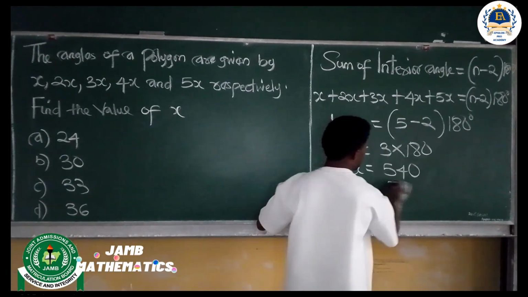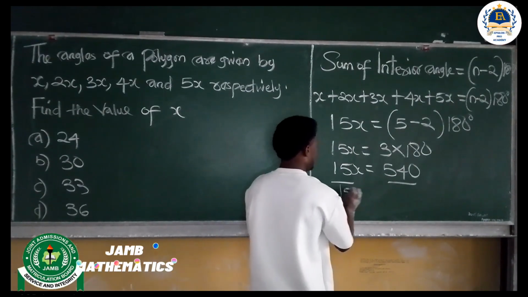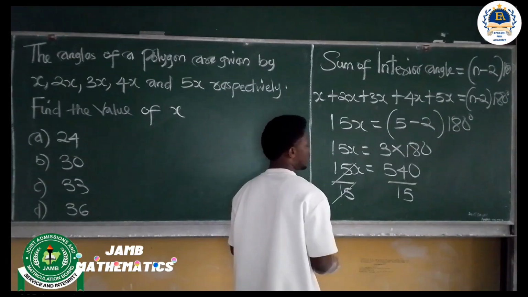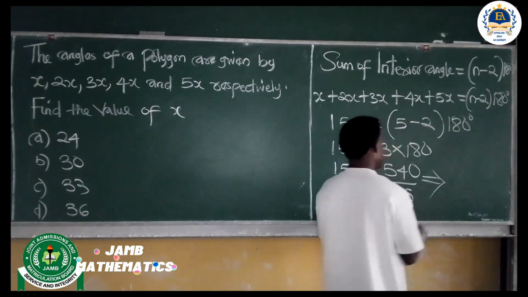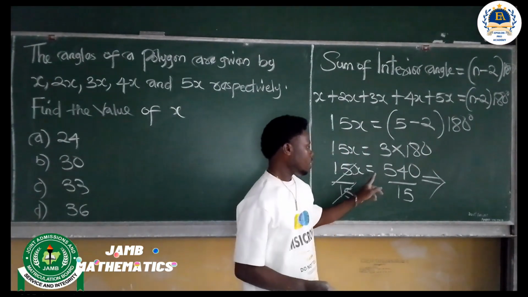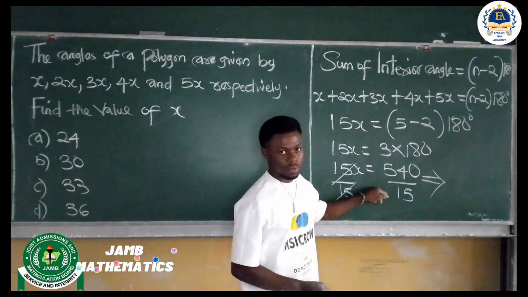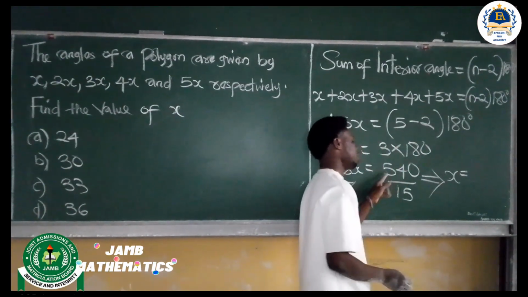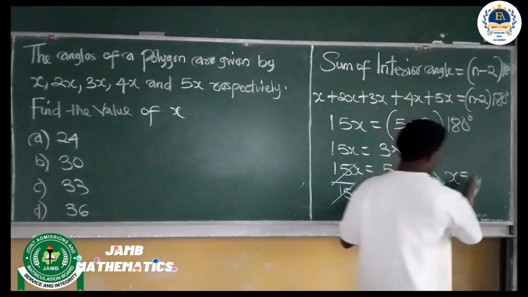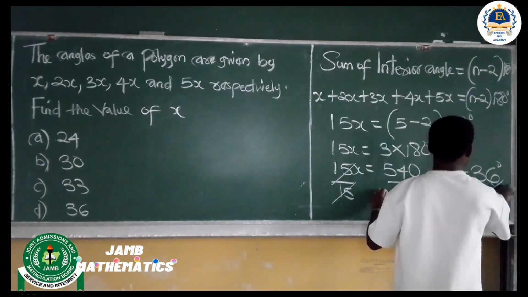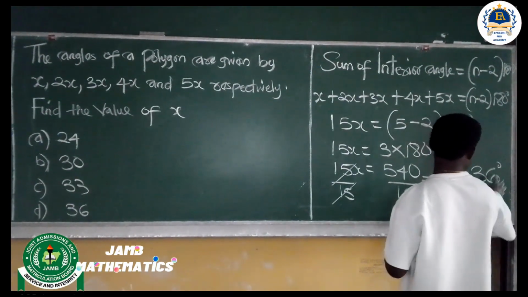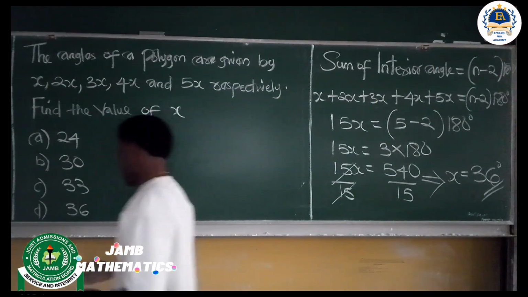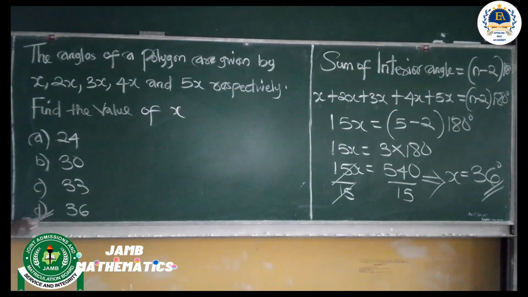So making x the subject, 15 cancels 15. So x is equal to 540 divided by 15, which is 36 degrees. So the correct option is option C, 36 degrees.